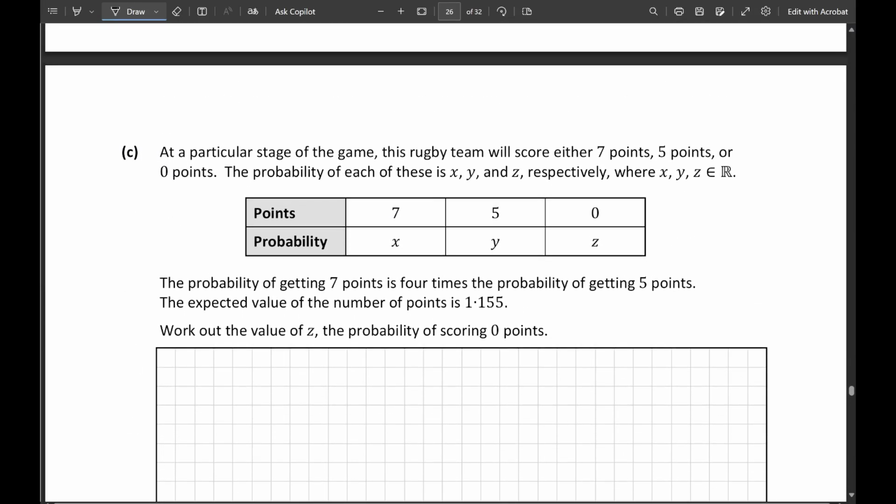At a particular stage of the game, the rugby team will either score 7 points, 5 points, or 0. The probability of each of these is X, Y, Z. The probability of getting 7 points is 4 times the probability of getting 5 points. The expected value for the number of points is 1.155. Okay, so the probability of getting 7, so that's X, is 4 times the probability of getting 5.